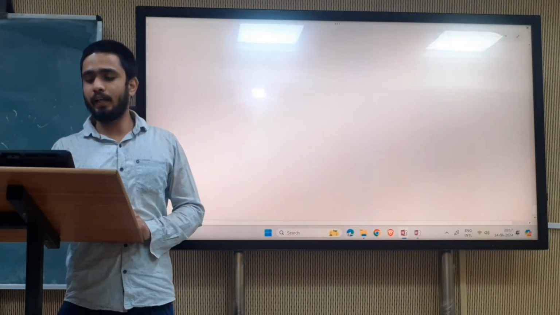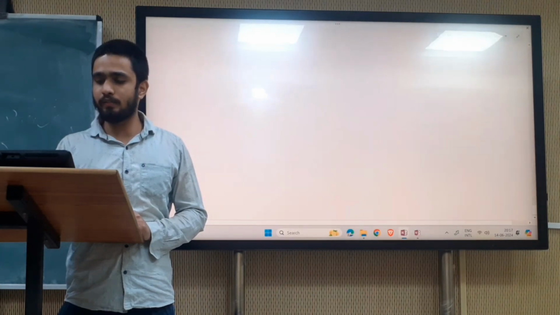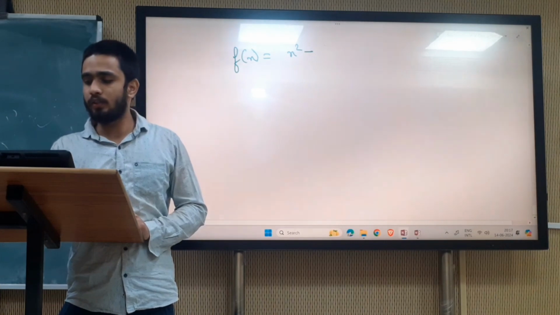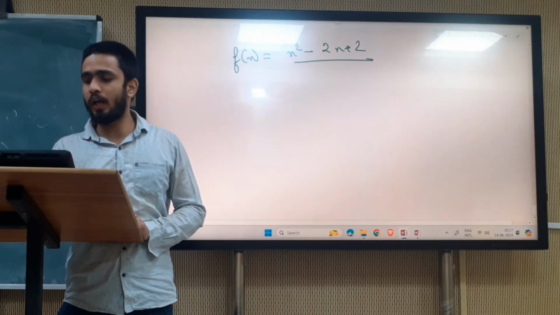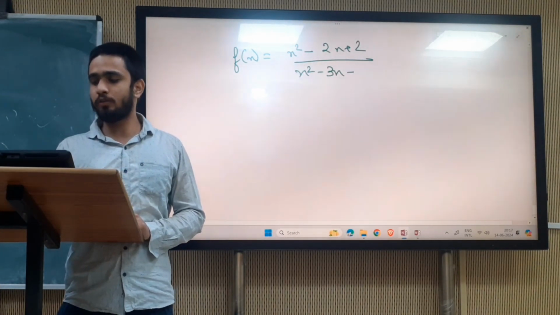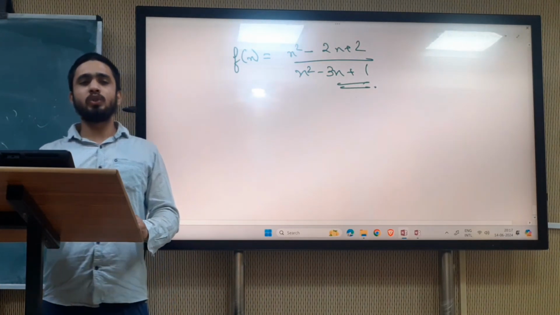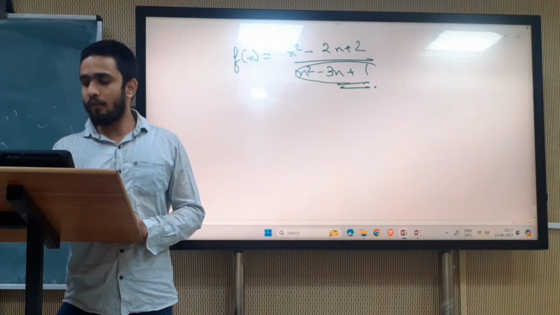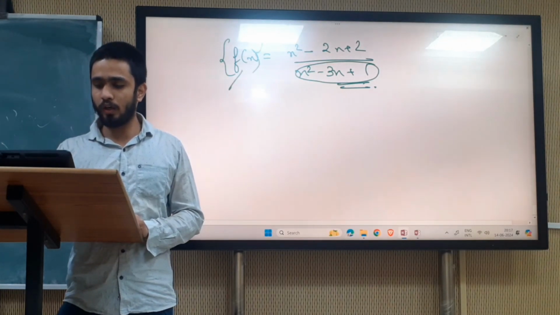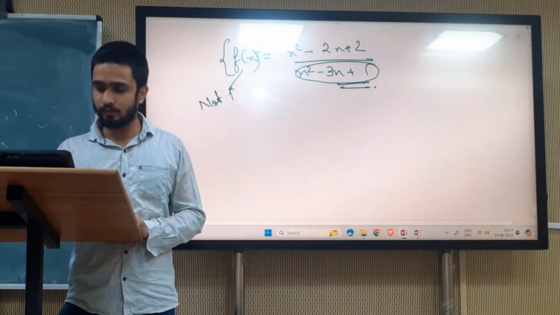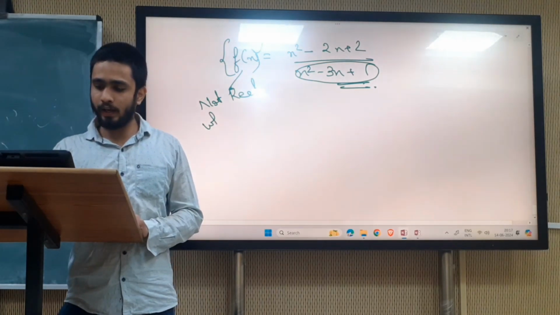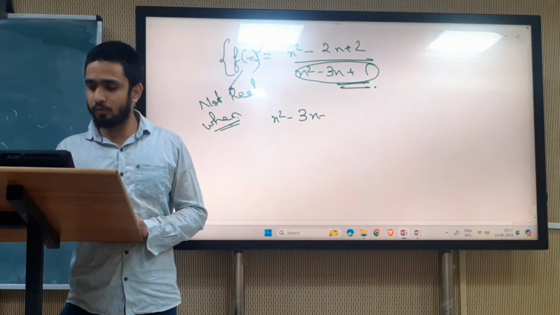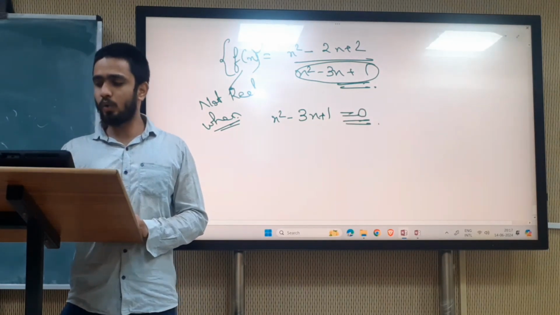Suppose there is another question. Suppose that f(x) is x square minus 2x plus 2 upon x square minus 3x plus 1. This is not real when x square minus 3x plus 1 is equal to 0.